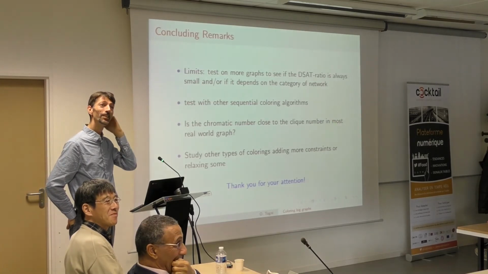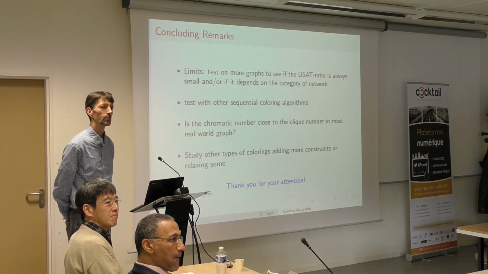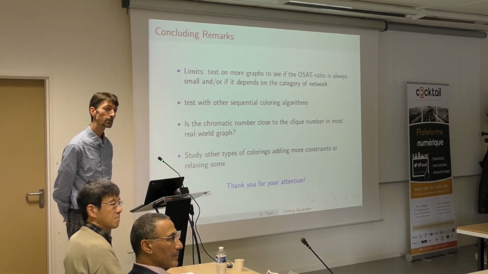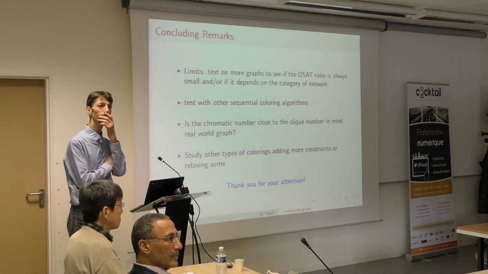Thank you for your presentation. About the difference between the degeneracy and the DSAT-ratio, do you think that using the core number of vertices to break ties in the algorithm may explain the differences between those two quantities? Yes, it's a good idea.